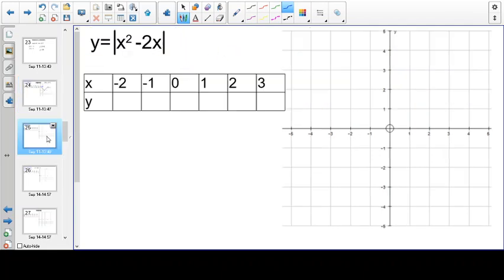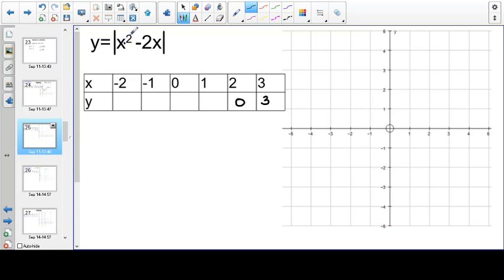Let's look at the next one. So here we've got a quadratic. This is still of the form f of modulus of the whole thing. So again, if we work out some coordinates, for x is 3, 9 minus 6 is 3, modulus of 3 is 3. When x is 2, 4 minus 4 is 0, modulus of 0 is 0.